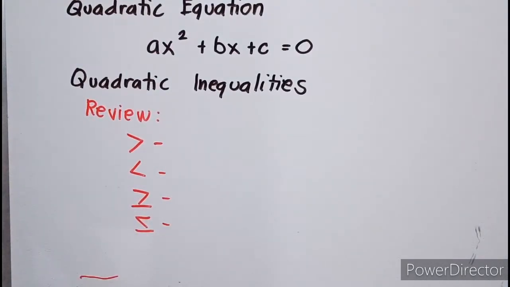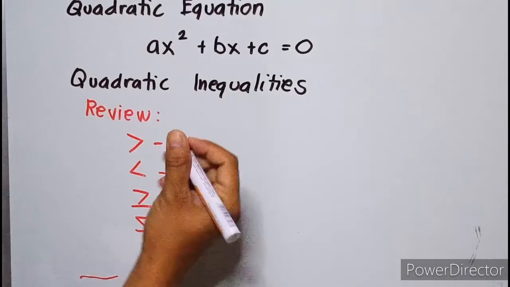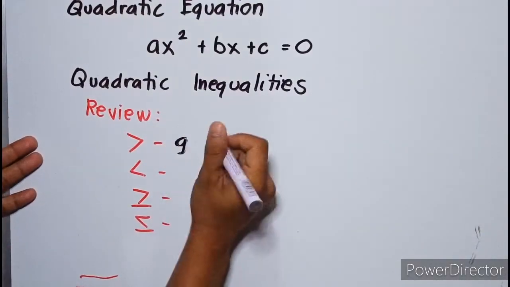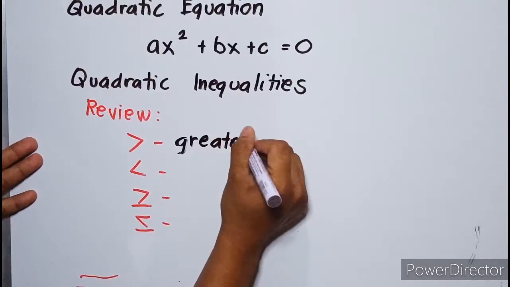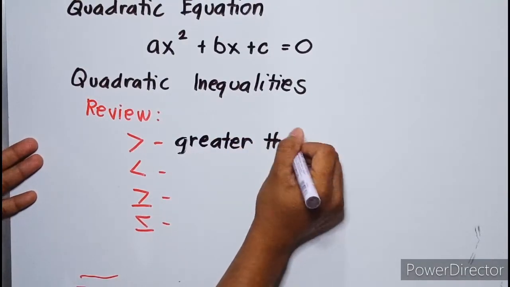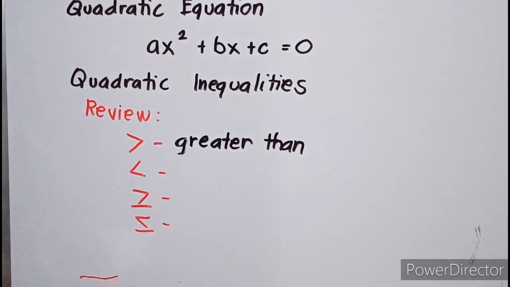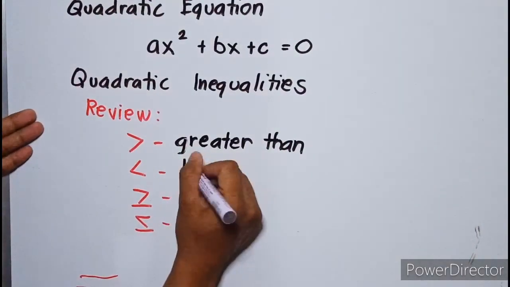So first, para malaman natin kung greater than or less than, tingnan ang inyong kanang kamay, then i-bend ninyo, so your right hand will form greater than. Then, ang inyong namang left hand, i-bend nyo, this will form less than.